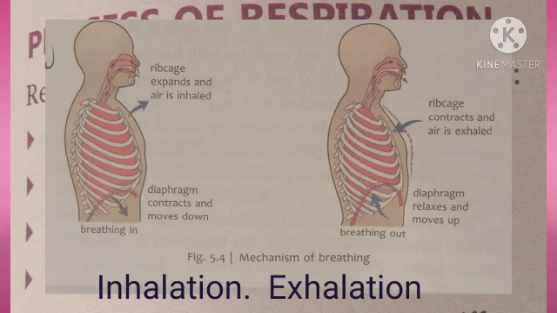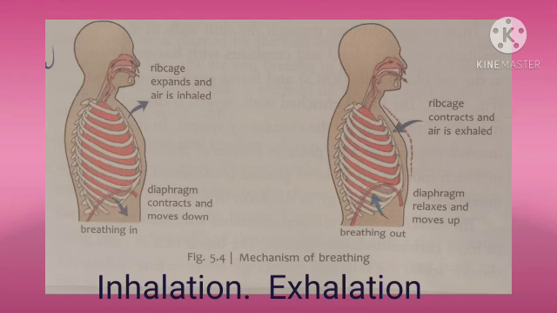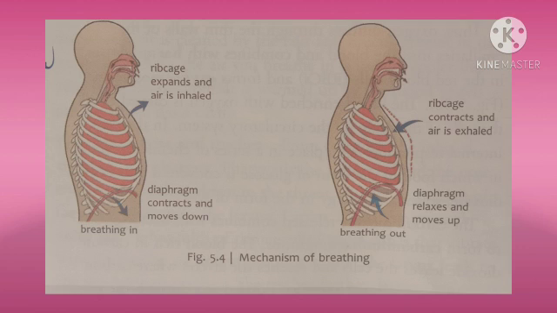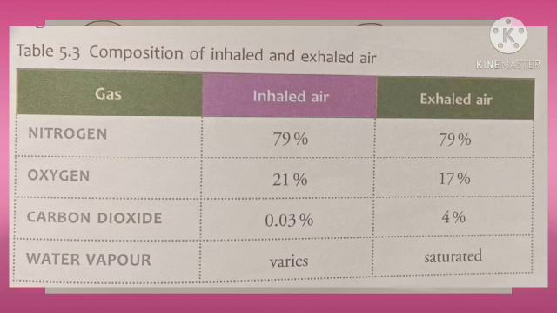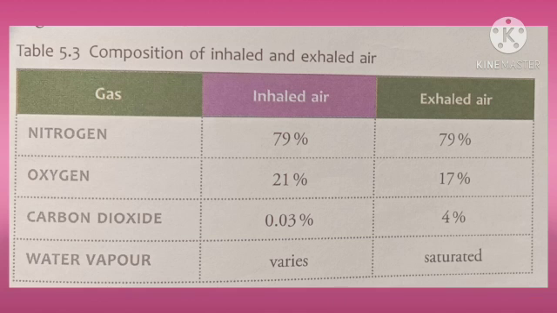Inhalation and exhalation are a part of breathing. Inhalation, breathing in; exhalation, breathing out stale air from the lungs. This process only involves exchange of gases. The exhaled air has more carbon dioxide than the inhaled air.